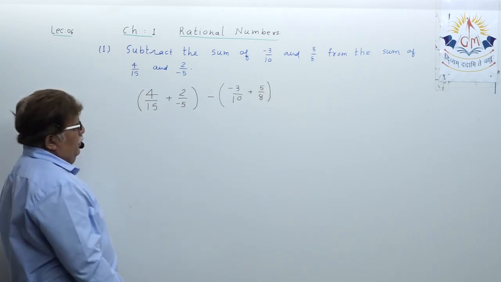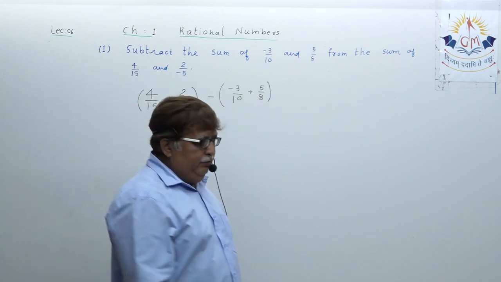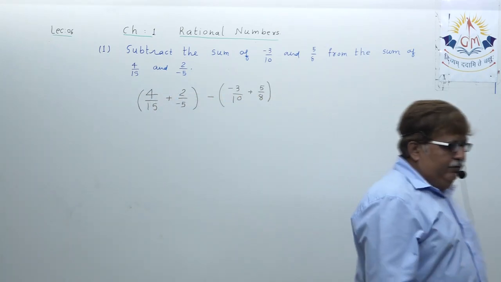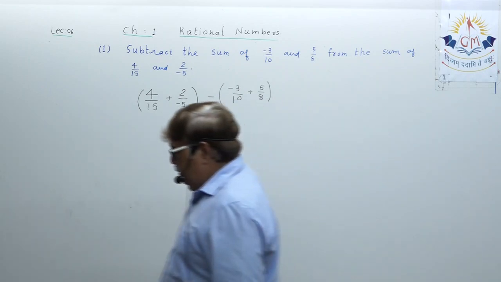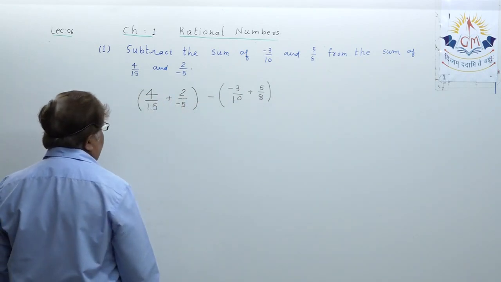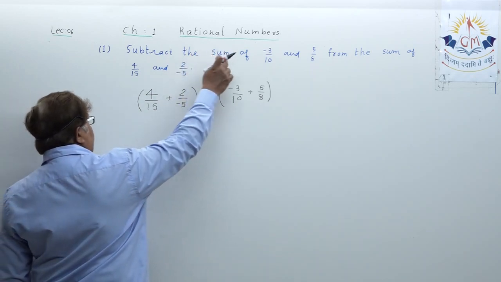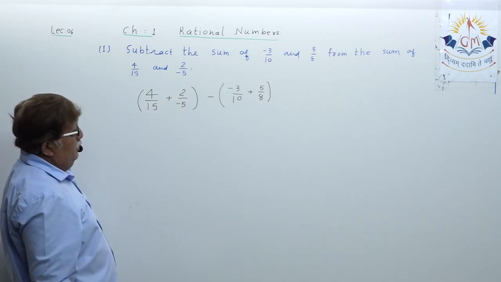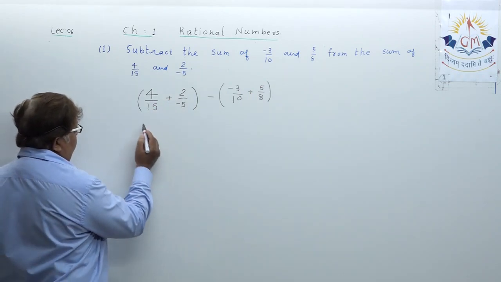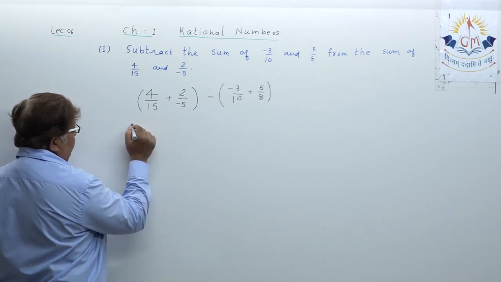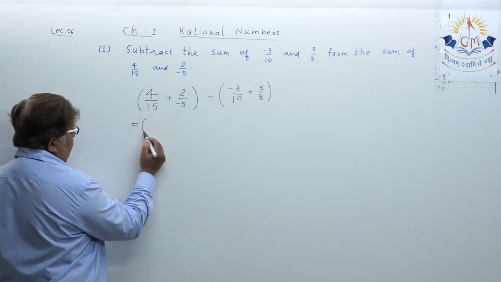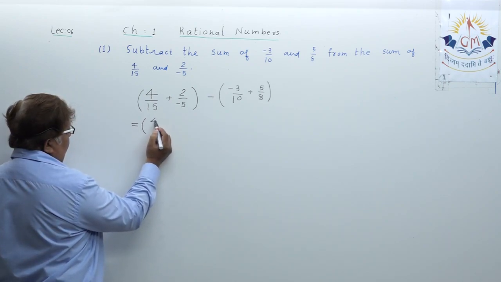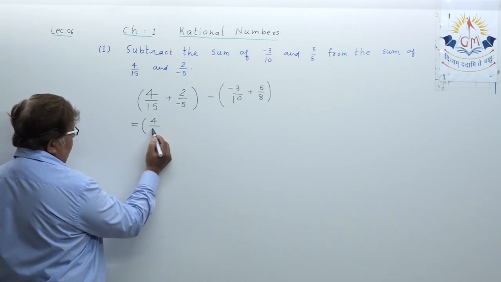See, this is the first symbolic presentation of the given verbal data. Subtract the sum of these two from the sum of these two. Now dear student, let us try to solve. 4 upon 15 as it is, as you know.